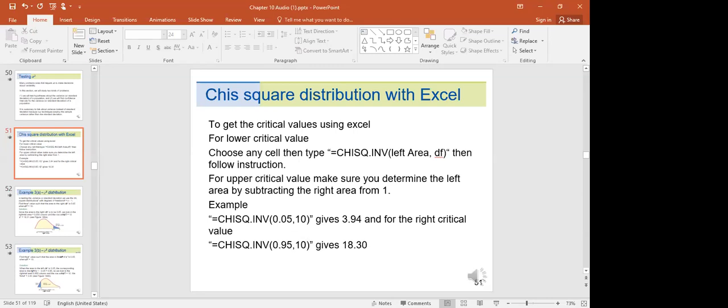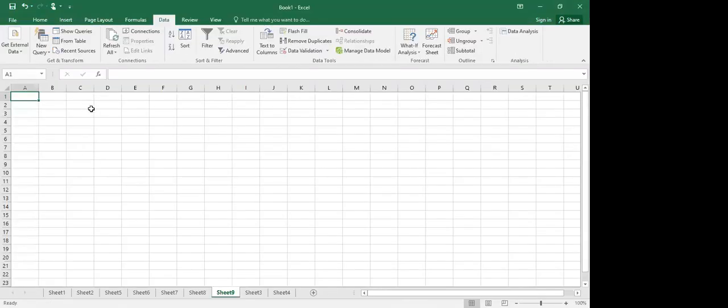Can we use Excel? Do you have Excel? Okay, so let me go to Excel. You choose any cell and put equal to.